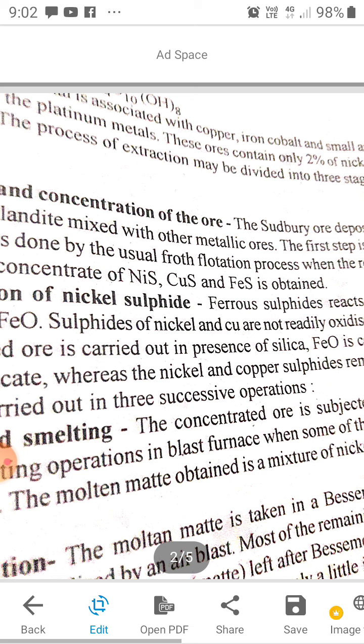Then we have kupfer nickel, nickel arsenide, then nickel iron sulfur, and magnesium nickel sulfide.